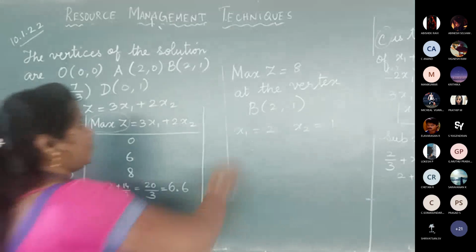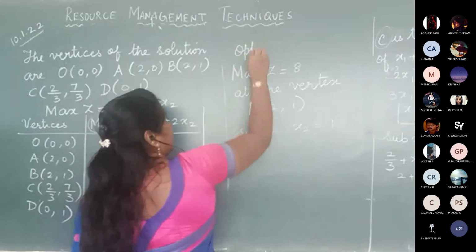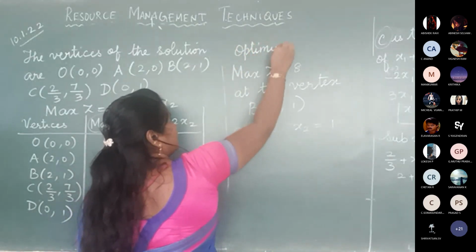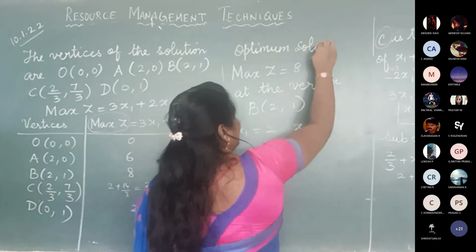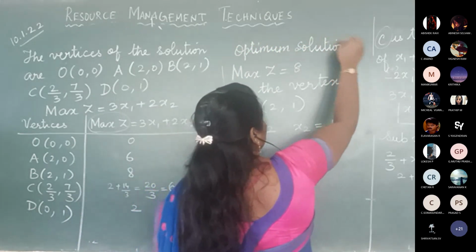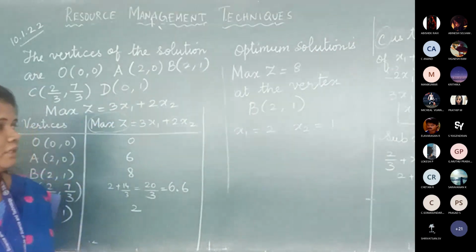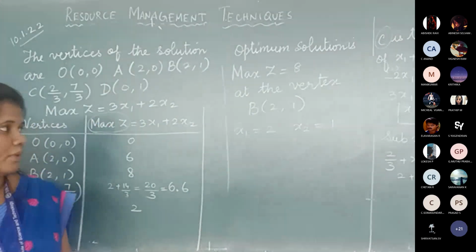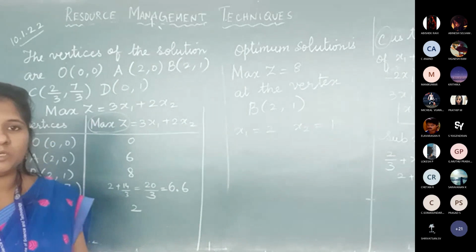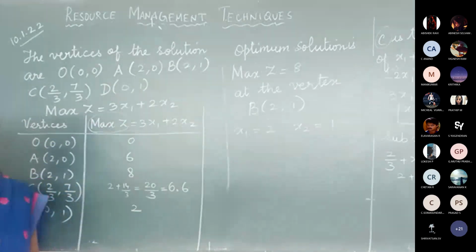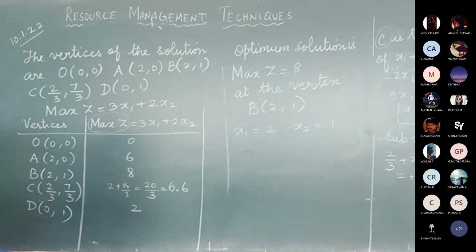This will be your optimum solution also. If they're asking in the question to find the optimum solution, the optimum solution is max Z is equal to 8 at the vertex B 2, 1. Whatever point you're getting, you will write it.